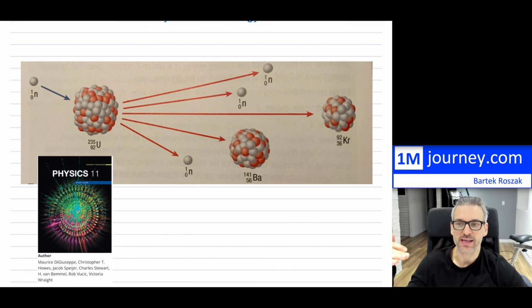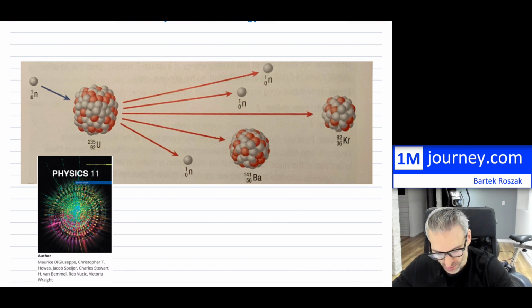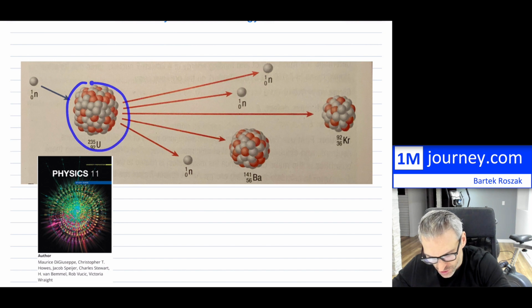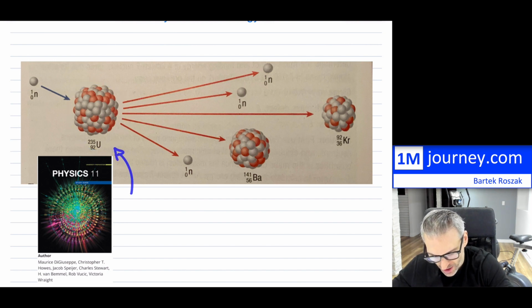So as you can see here, this is the reaction itself. This is uranium-235 right there. Here's the neutron, which gets shot at it.